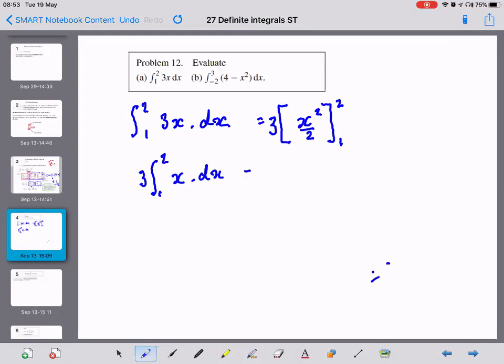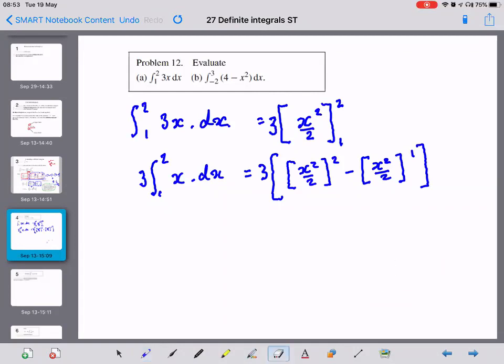So we can say that is 3, open one set of brackets, times x squared over 2 when x is 2, take away x squared over 2 when x is 1. Close all the brackets. All following so far?